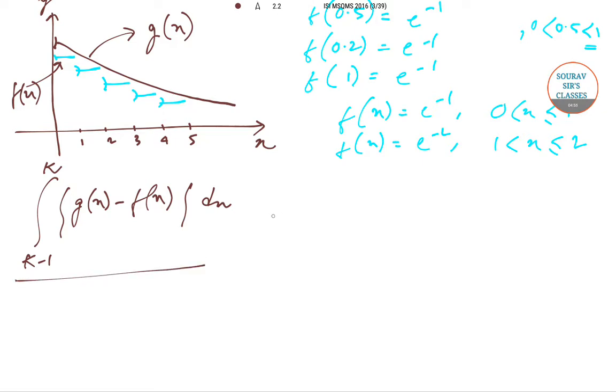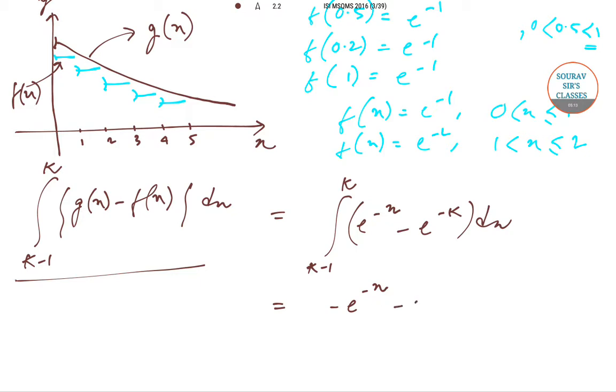Now g of x is equal to e to the power minus x and f of x is equal to e to the power minus k, which goes from k minus 1 to k, and this is equal to minus e to the power minus x minus x e to the power minus k, and it goes from k minus 1 to k, and this is equal to e minus 2 into e to the power minus k.